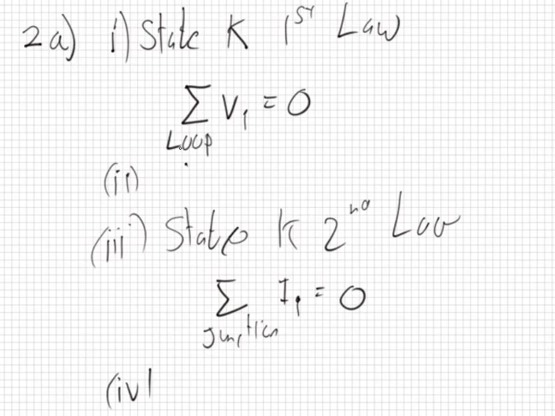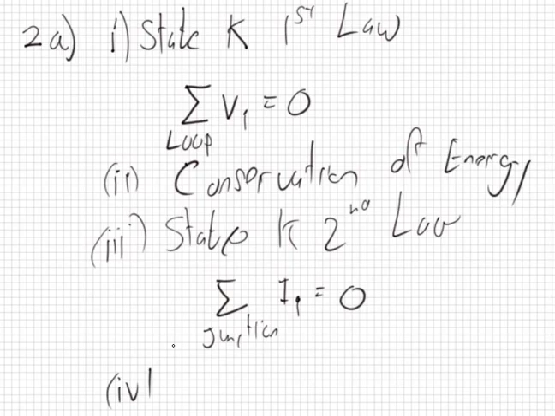So you notice that the energy I put in must equal the energy that comes out. What's the name of this in physics? Conservation of energy. So in other words, his loop rule comes from the conservation of energy.